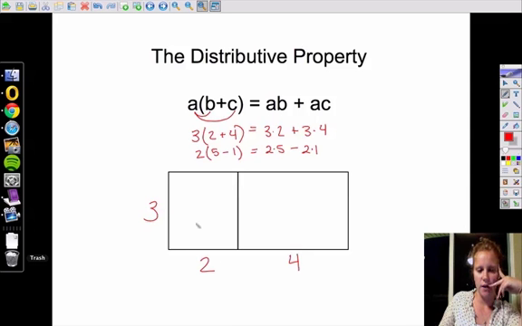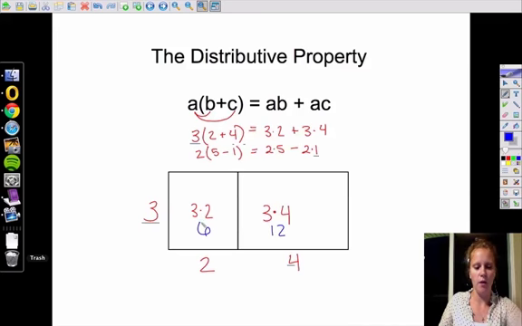If we look at the area of these two, this would be 3 times 2, right? And this would be 3 times 4, okay? So if we want to visualize that, we need 6 and 12, and then we add 6 and 12 together to get the entire thing.